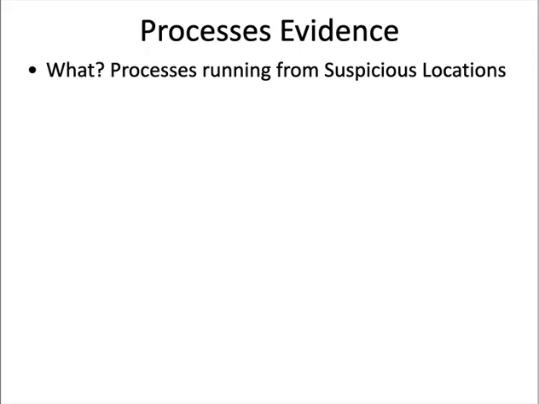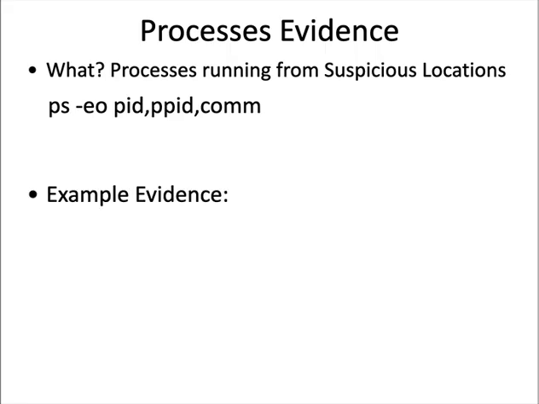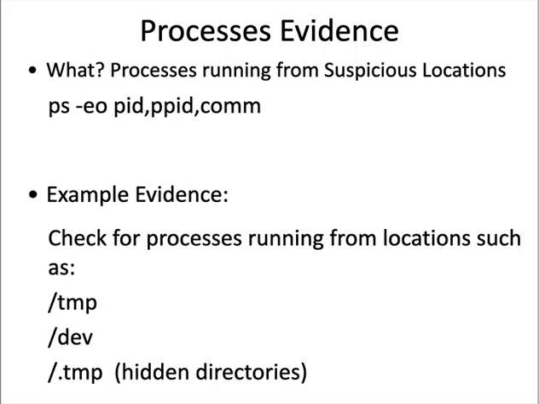Processes running from suspicious locations. We've already talked about that, but not exactly in this context. If you do the ps with the -o option, and we say that we want to look at the command, we might get something listed, and we want to look at the output for things in temp, things running out of the dev directory, or things that are running out of hidden directories.